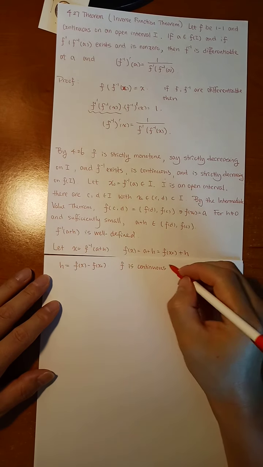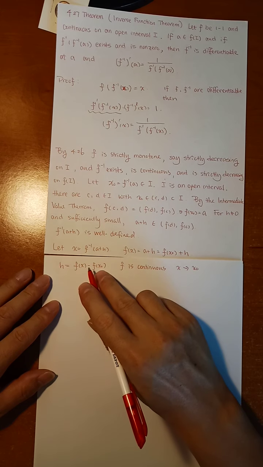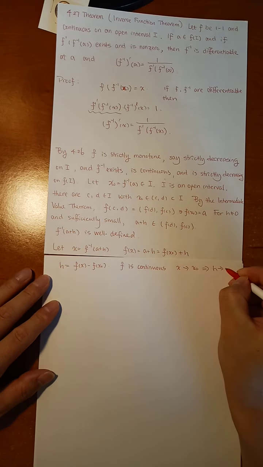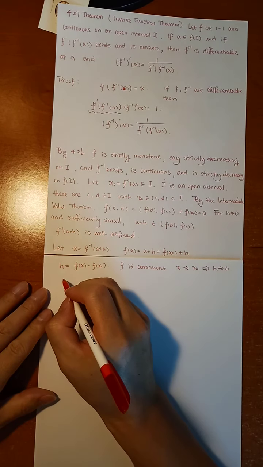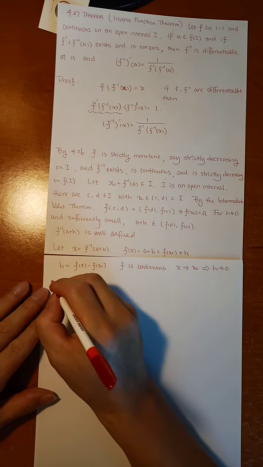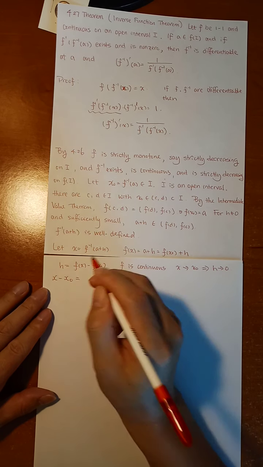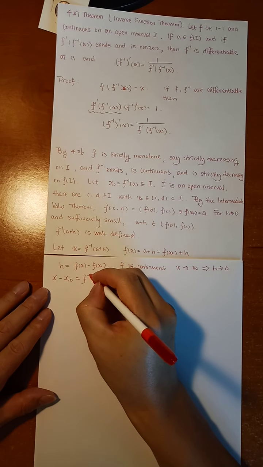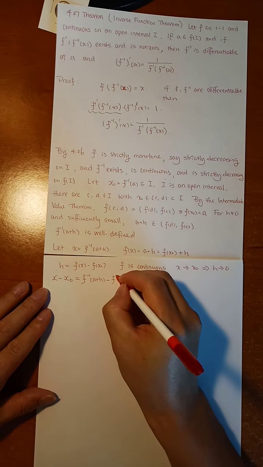f is continuous, so x approaches x0. When x is close to x0, the difference is small. This implies h approaches 0. Now look at x minus x0. x is f inverse of a plus h, and x0 is f inverse of a.